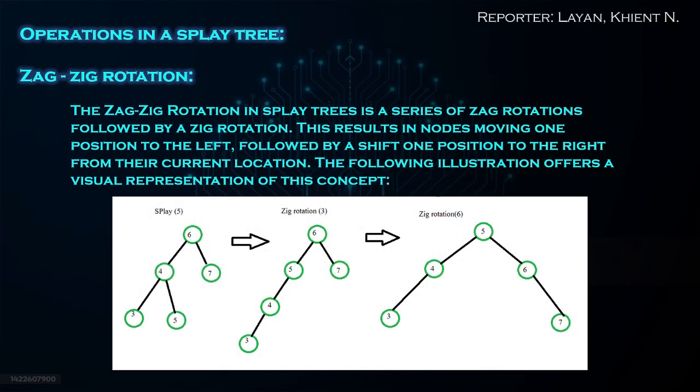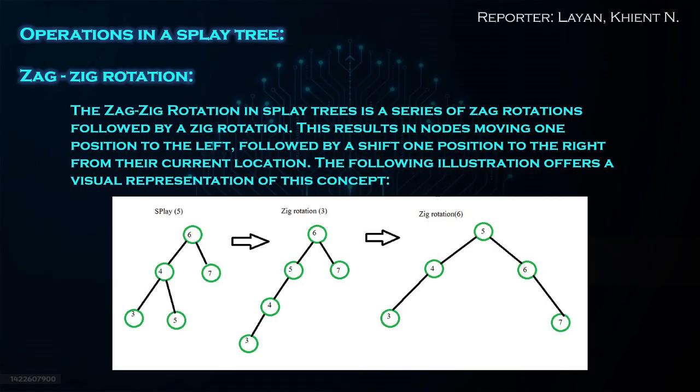The next and the last rotation in splay tree, the zagzig rotation. The zagzig rotation is just a combination of two rotations, the zag and the zig rotation. It means move to the left, then move to the right. In the example, we need to splay the node 5. The node 6 here is the root, the children are the node 7 and the node 4. The node 4 is also the parent of the node 3 and node 5.